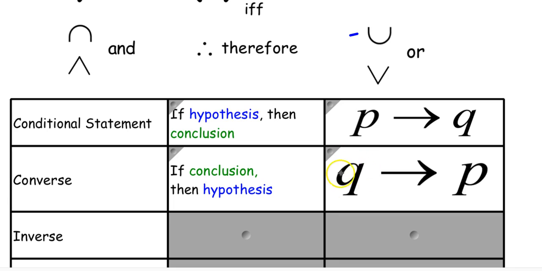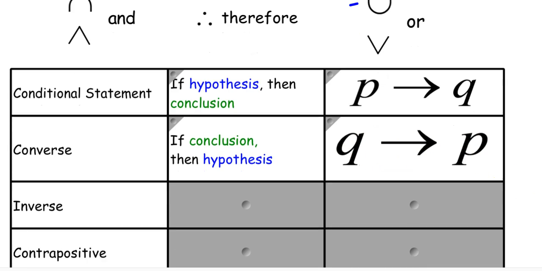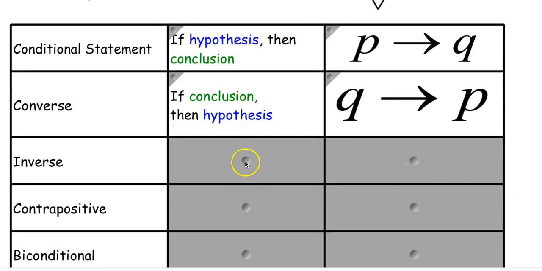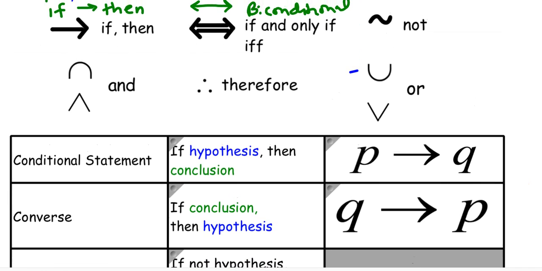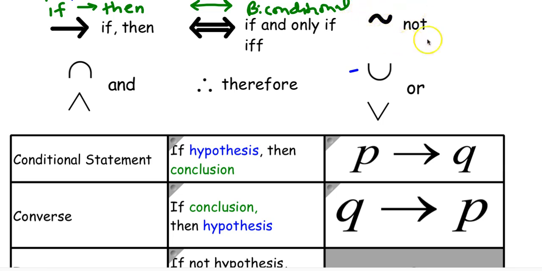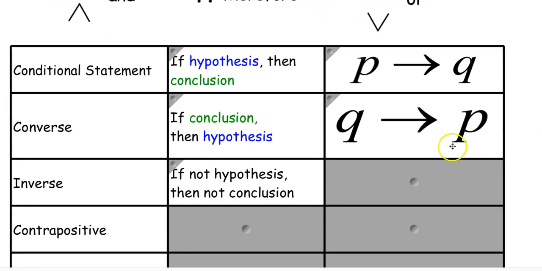So if Q, then P. The inverse we know is not P, then not Q. If not hypothesis, then not conclusion. We just talked up here that the little squiggle means not. So we're going to say squiggle P, arrow, squiggle Q.